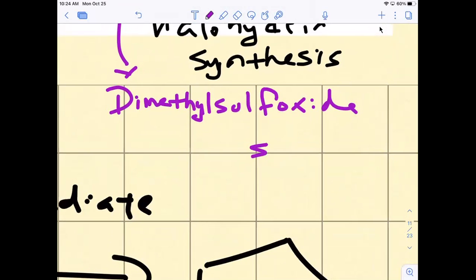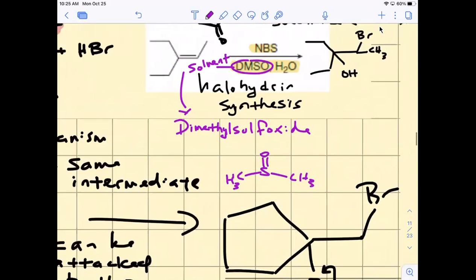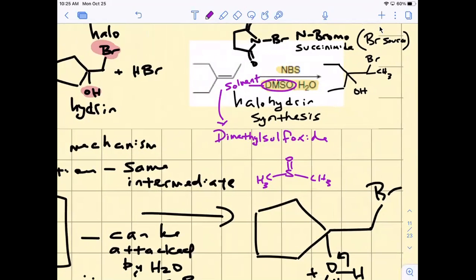So S. Right, it's a really polar solvent. So DMSO and water, that's your solvent system. NBS is your bromine source. Those are also reagents for halohydrin synthesis. All right, we won't go through the mechanism for that. You just need to know that those reagents in the presence of an alkene are going to give you a halohydrin.